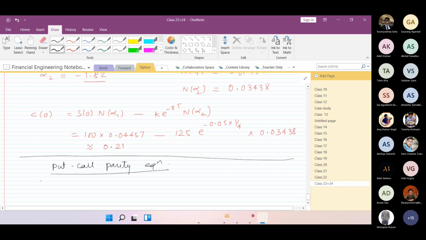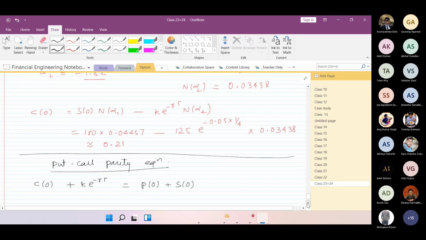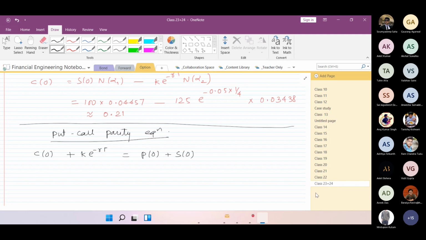Right. So for the put call parity equation, we know that the call option premium and the put option premium are related with the spot price and the present value of the strike price. So we can write P naught as from here.